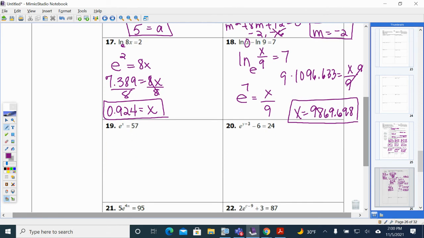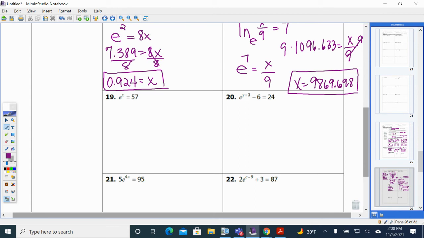Now we get down to numbers 19, 20, 21, and 22. These equations are in exponential form. So just like before, with exponential equations, there were two different things: same base and not the same base. Now, with natural logs, we cannot make the left side and the right side have the same base.